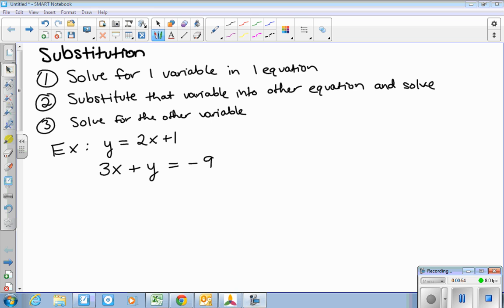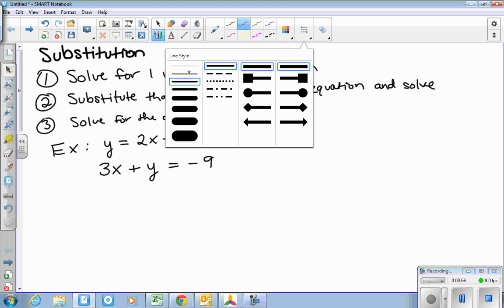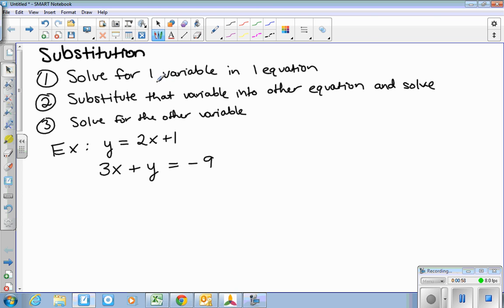So the first step, we'll focus on that one, is to solve for a variable in one equation. If you notice, this first equation is already solved for y. So we're actually done with that first step. Those are the only ones we're going to have for this video. The second step is to substitute that variable into the other equation and solve.